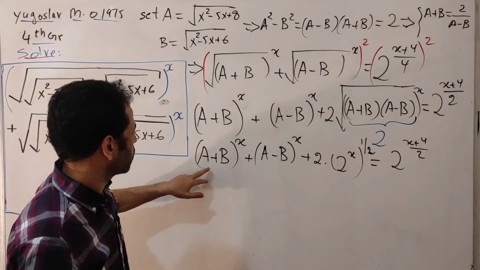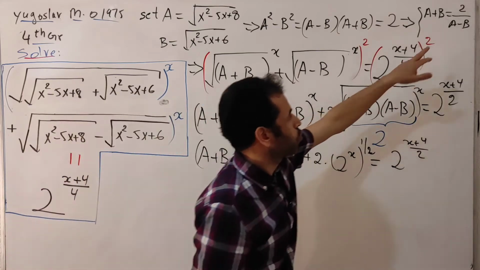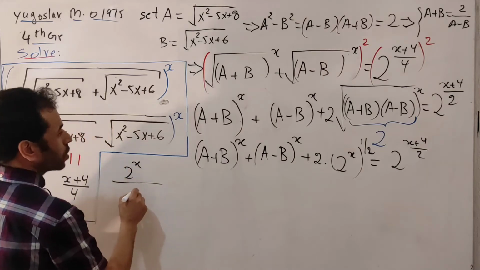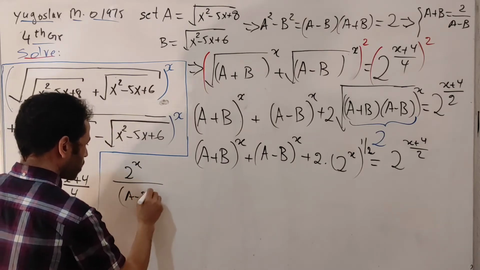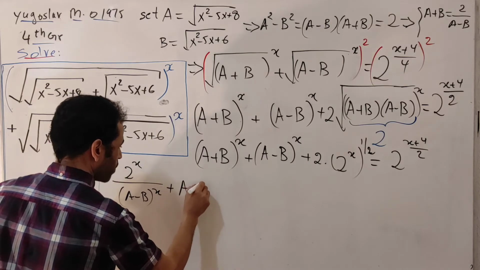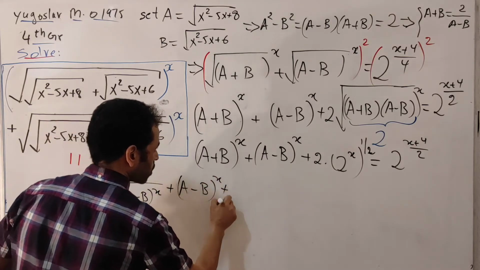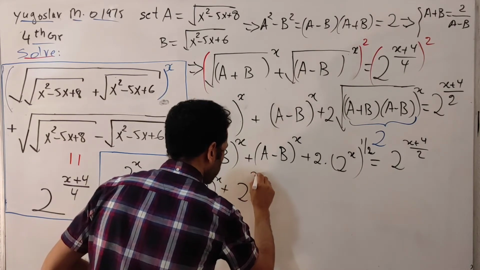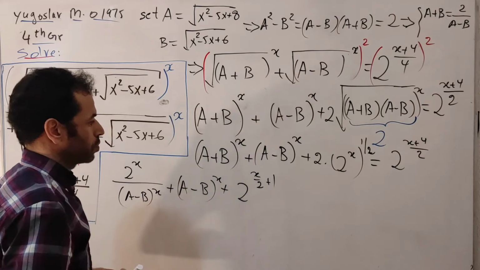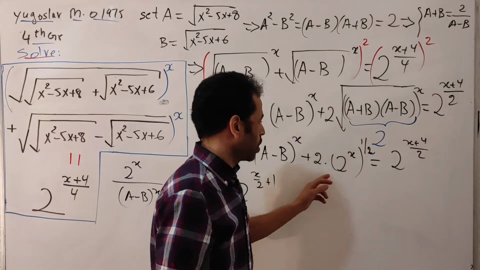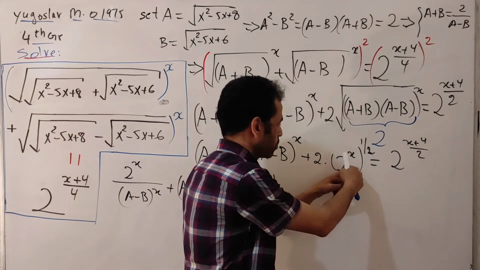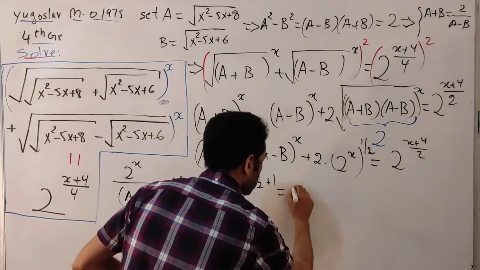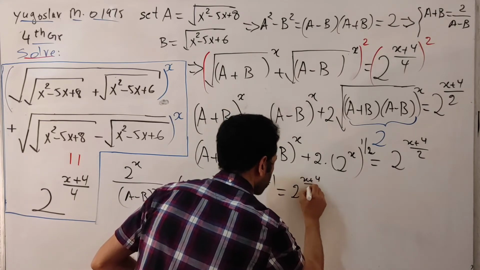The next thing, I'm going to replace A plus B with 2 over A minus B. 2 to the x over A minus B to the x plus capital A minus capital B to the x. So this one is the same as 2 to the x over 2 plus number 1, because I'm taking number 2 and combining it with this exponent. This one becomes plus 1 at the exponent, so equals 2 to the x plus 4 over 2.